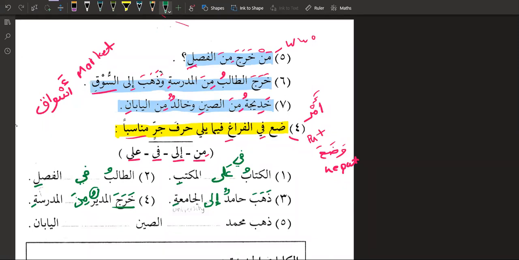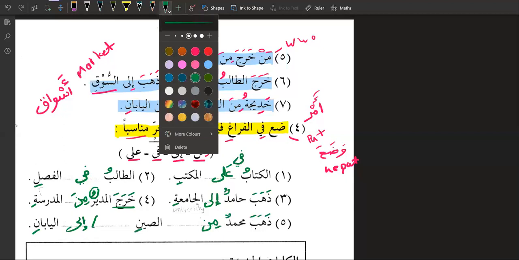نعم. إسماعيل. ذهب محمد من الصين إلى اليابان. So he said Muhammad went from China to Japan.